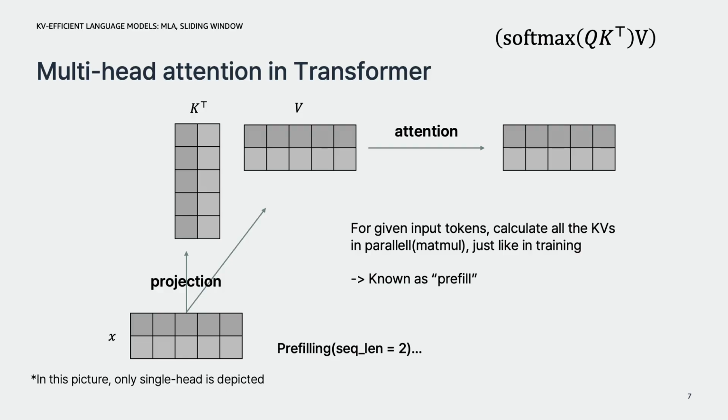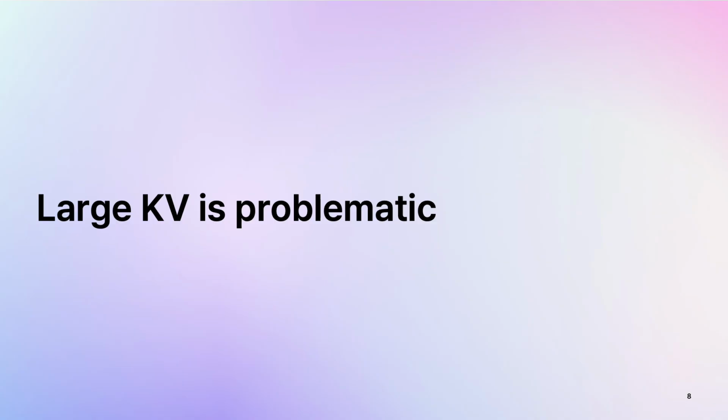And calculating the KV of these input tokens does not need to be done sequentially. It could just be done in parallel, in matrix multiplication. And this is exactly what's done in transformers during training. And this is the prefill. So that's it for the KV caching.